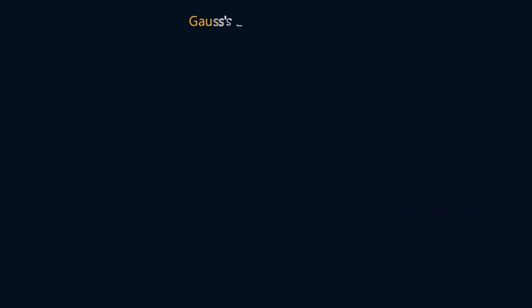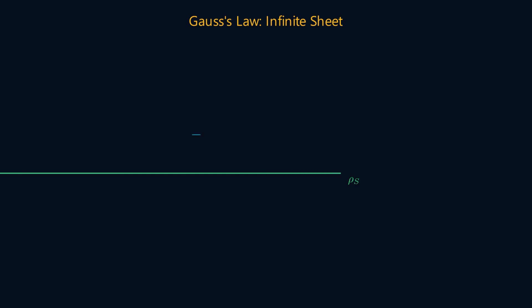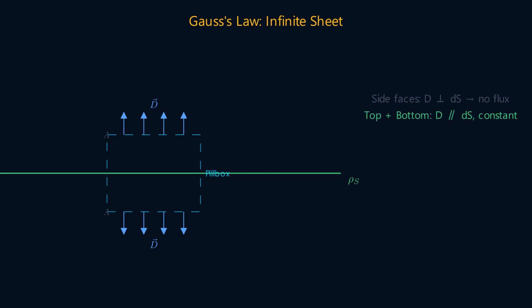For an infinite sheet of charge rho s in the z equals 0 plane, we choose a rectangular box, a pillbox centered on the sheet. By symmetry, D points in the plus or minus z direction and has no component along the sides. The flux exits through the top and bottom faces only.